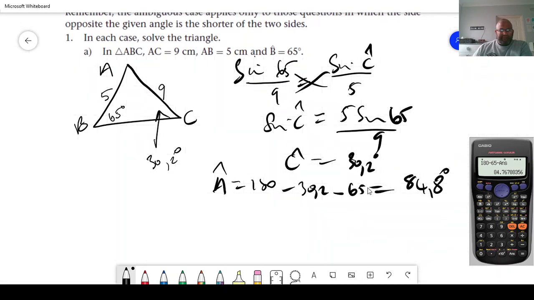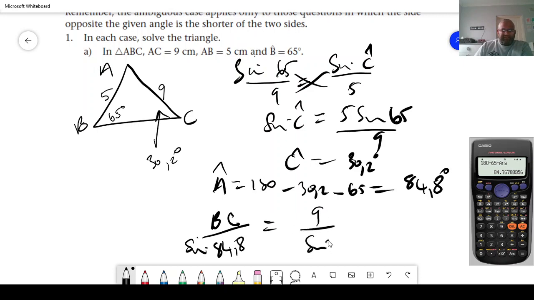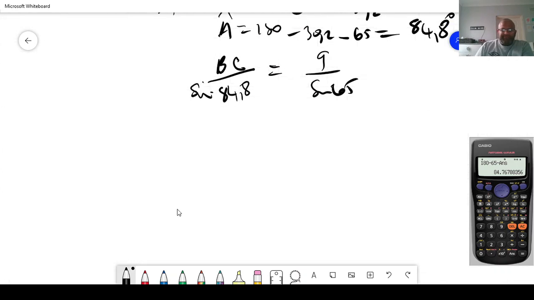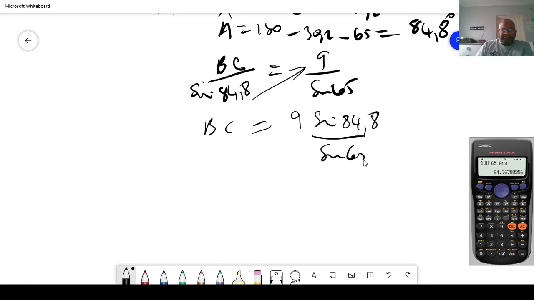Then to calculate BC, we have angle A, which is 84.8. So it's BC over sine of 84.8 equals 9 over sine of 65. Rather go with what is known. So BC is equal to 9 sine 84.8 over sine of 65.